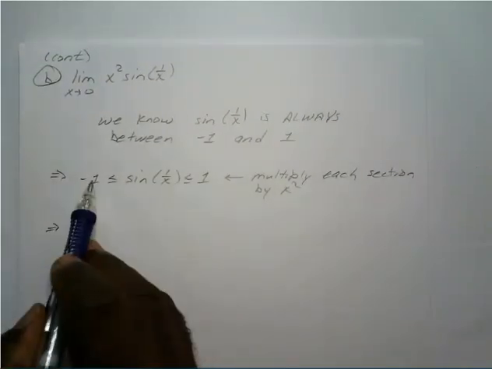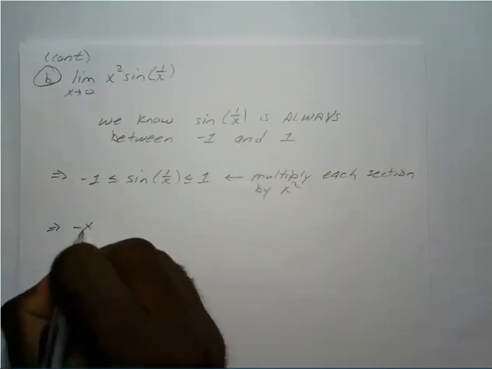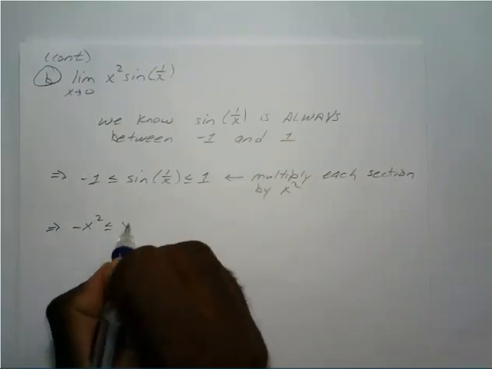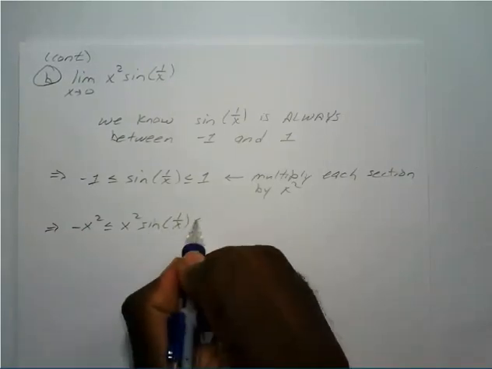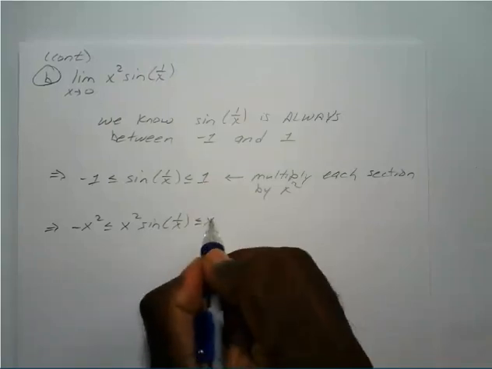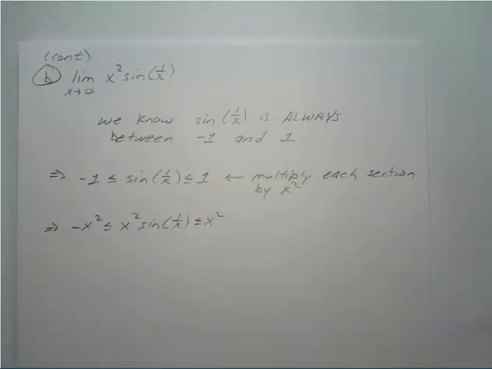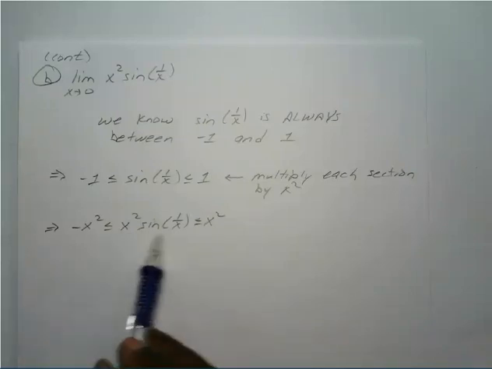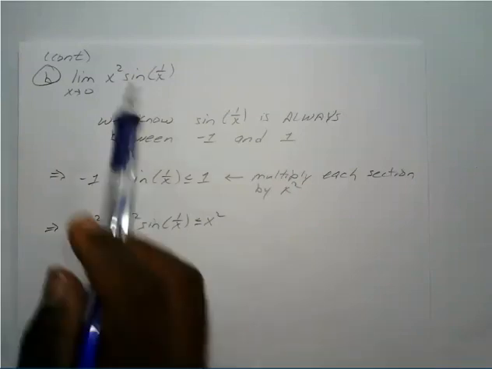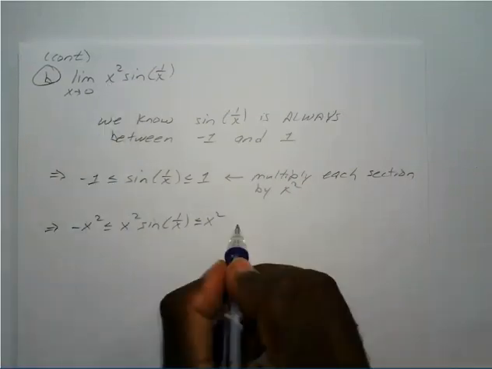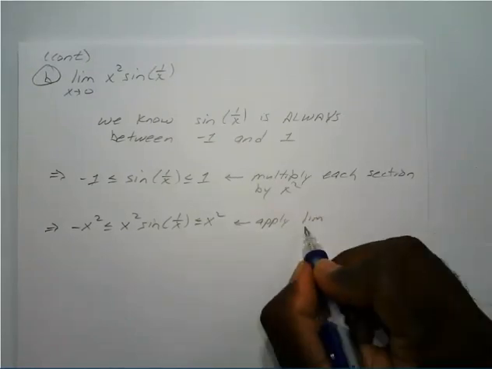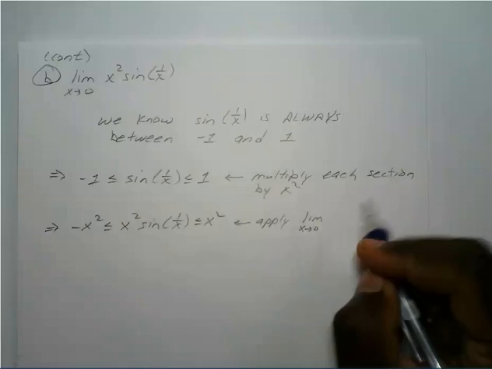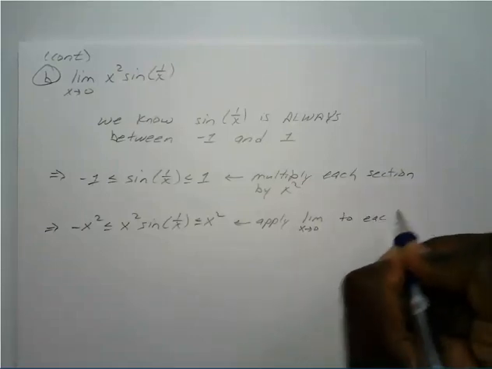That gives us -1 times x squared, which is -x squared, less than or equal to x squared sine 1 over x, less than or equal to 1 times x squared, which is just x squared. Now our middle function is matching our limit function, so we just apply the limit as x approaches 0 to each section.